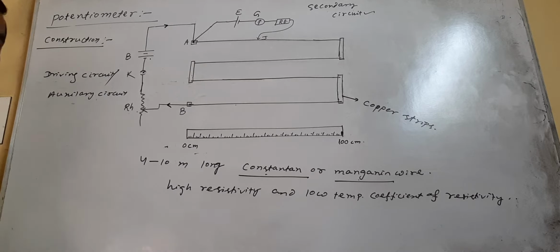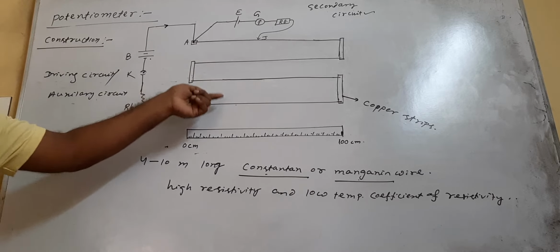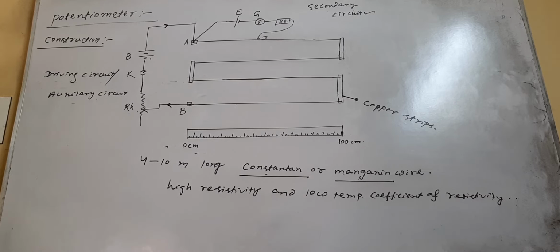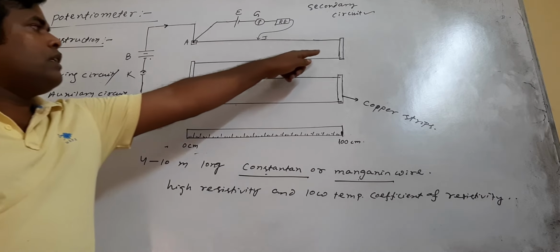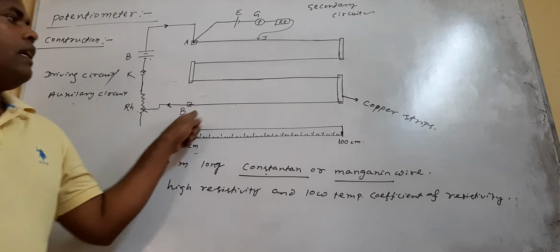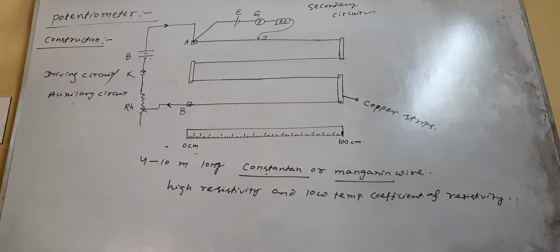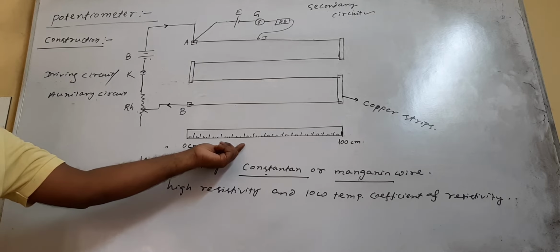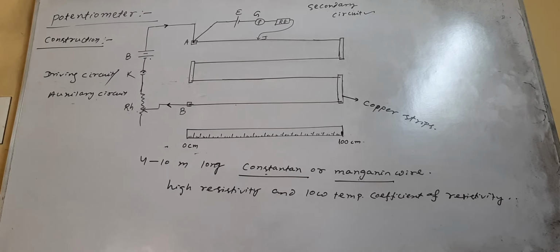Instead of taking the wire straight, we are taking several 1 meter long wires connected side by side by means of thick copper strips, parallel to a meter scale on a wooden board.